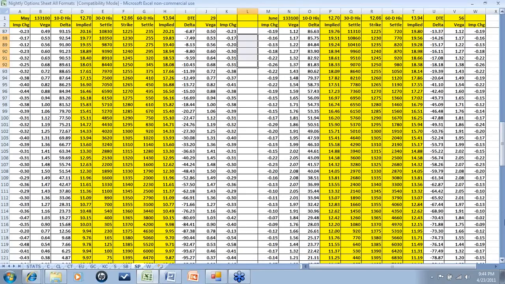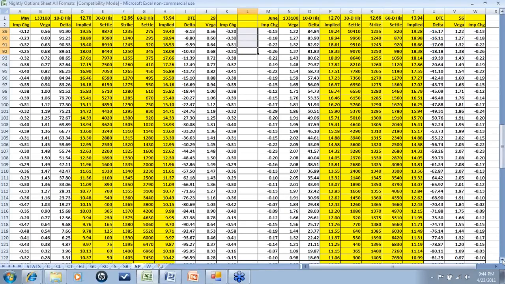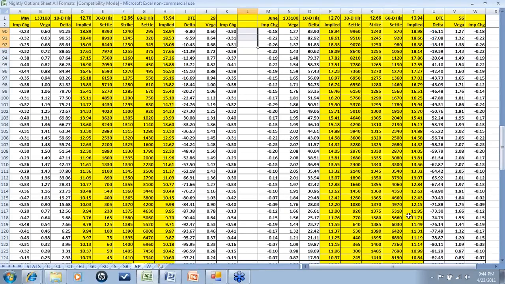Okay, so we want to have 1240 as our low point. Okay, now we're good. So we've got 1330. We've got 1400, which is 70 points away, and 1260, which is 70 points away.